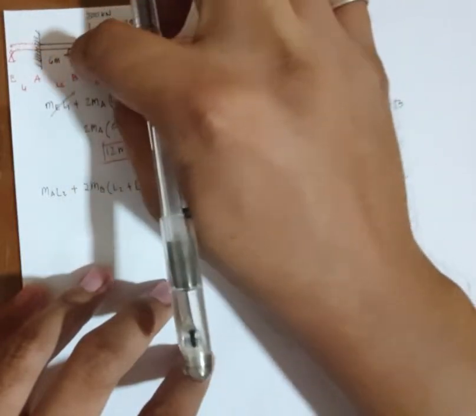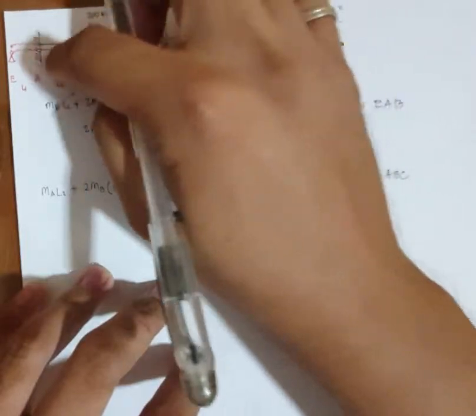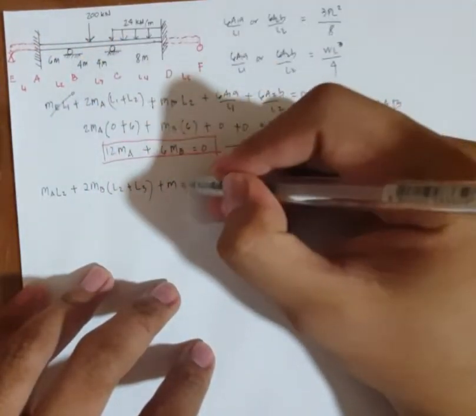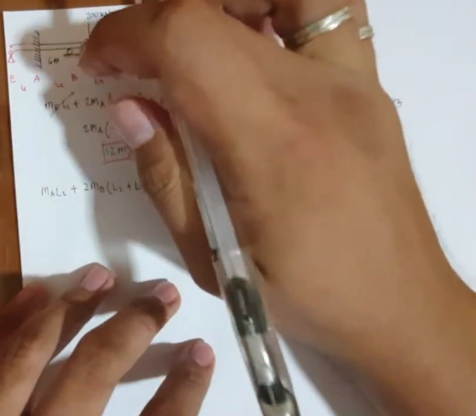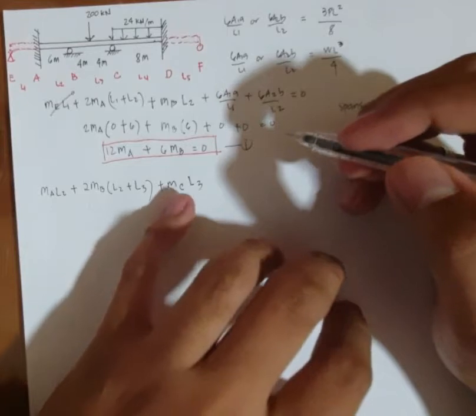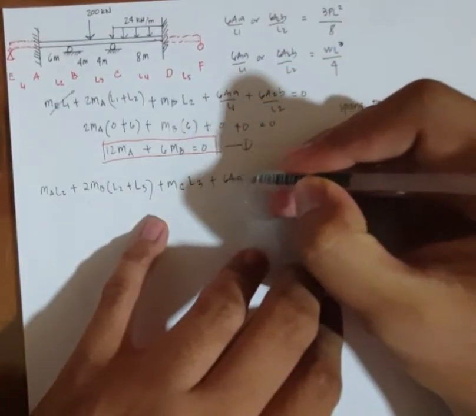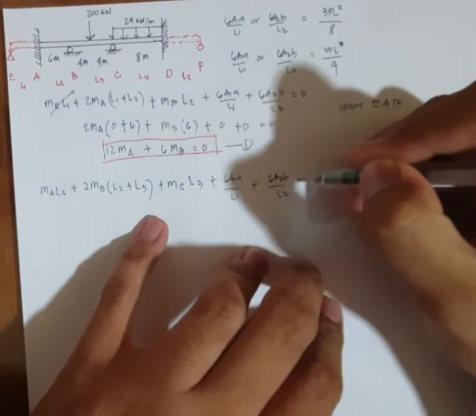Then the center is times 2, two lengths, two spans, plus MC L3, the length before, plus 6A1A over L1 plus 6A2B over L2 equal to 0.